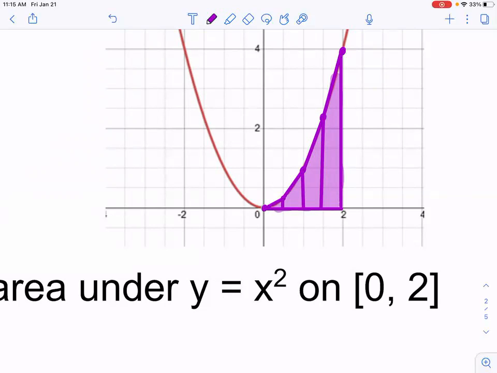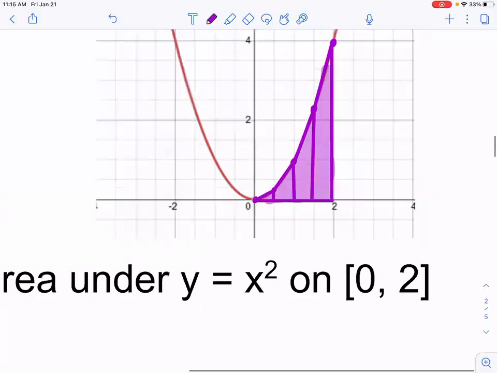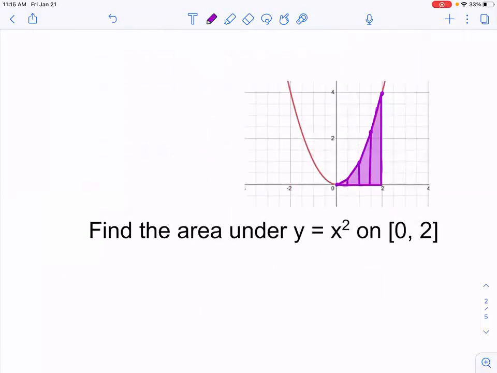Find the area. Okay, so this is like the fourth time we've used this example, right? We know that delta x is b minus a over n, and so our delta x is 1/2.